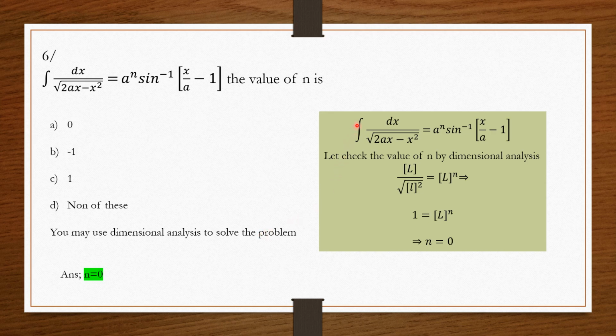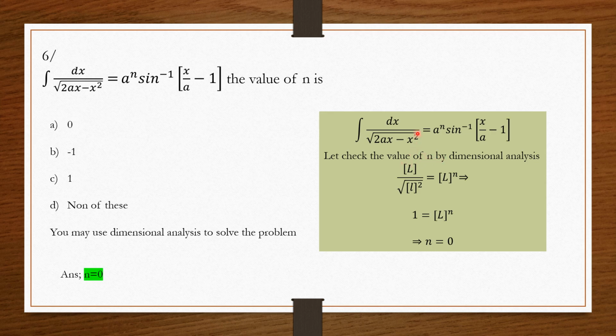So here we can see integration over dx by root of 2ax minus x square is equal to a to the power n sine inverse of x by a minus 1. Let's check the value of n by dimensional analysis.